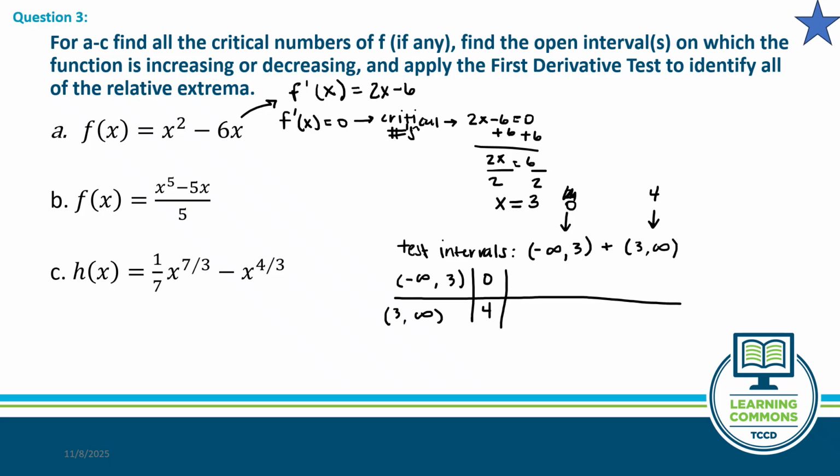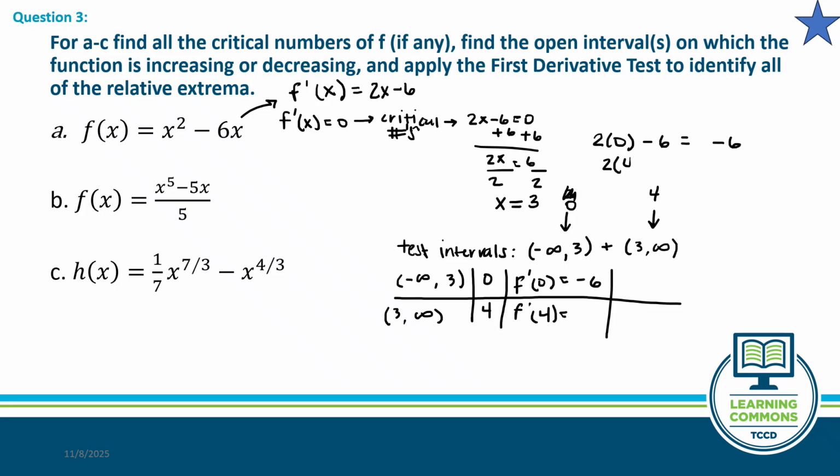So now I'm going to plug 0 into the first derivative. So 2 times 0 minus 6 is going to give me -6. Okay? Same with this one. I'm going to plug 4 into the first derivative.